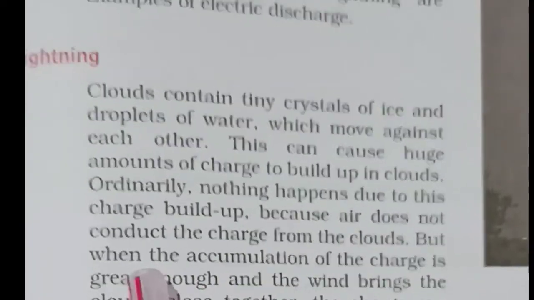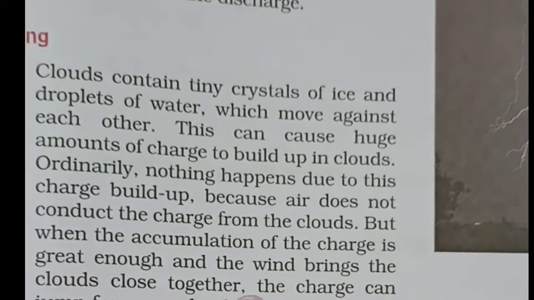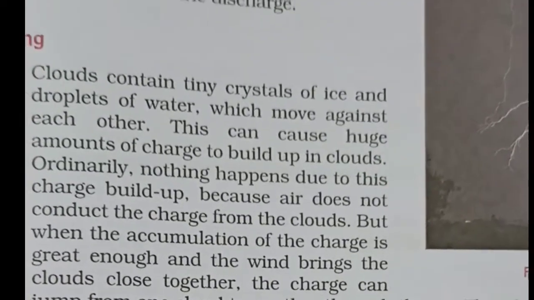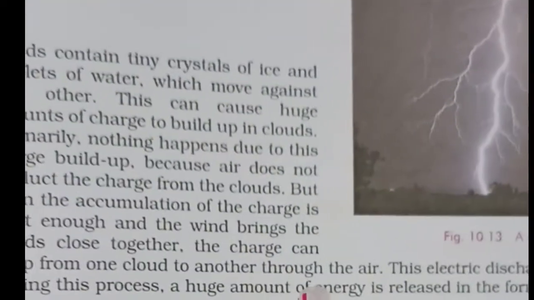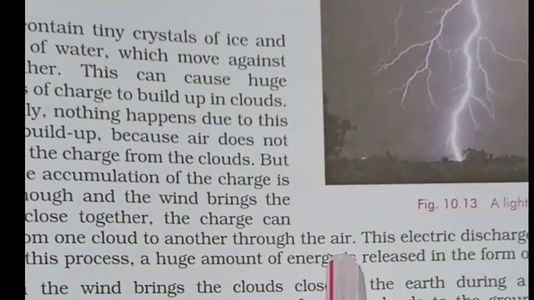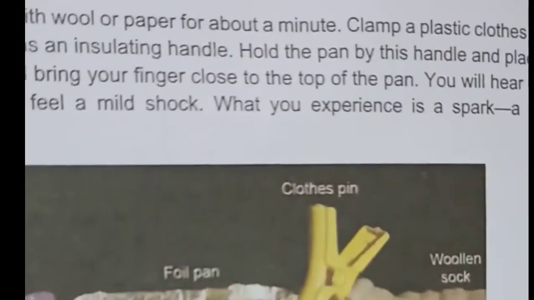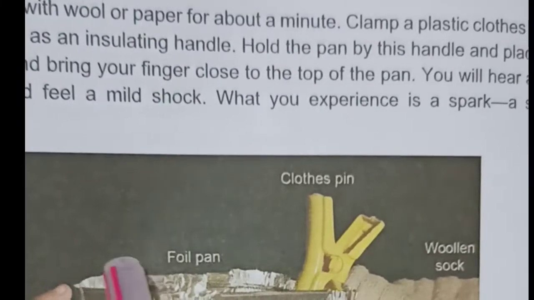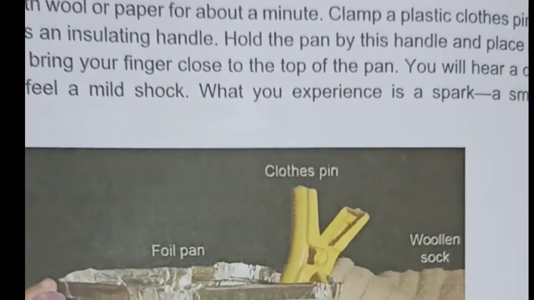But when the accumulation of the charge is great enough and the wind brings the clouds close to one another, the charge can jump from one cloud to another cloud through the air. And as we saw in this case, when charge jumps from one place to another through the air, it is called electric discharge.